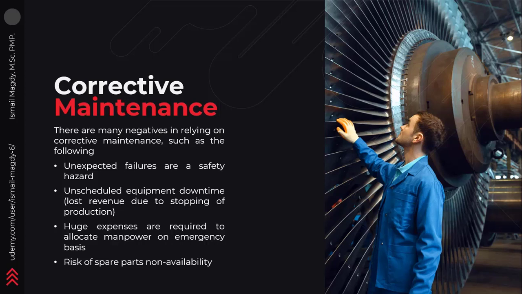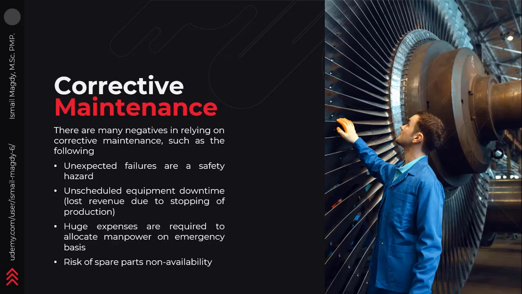Those failures could be in a form of explosion, leakage, excessive heat, fire, so all of those unexpected failures are very serious hazards. Also, unexpected failures lead to unscheduled downtime of the equipment, which means stopping production if the failure is on a critical equipment, which will lead to loss in revenue, which could have a very negative effect on the business feasibility of the organization.